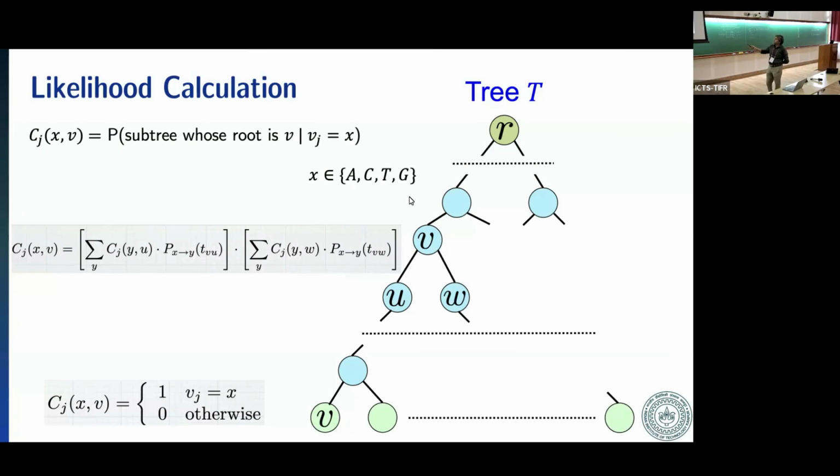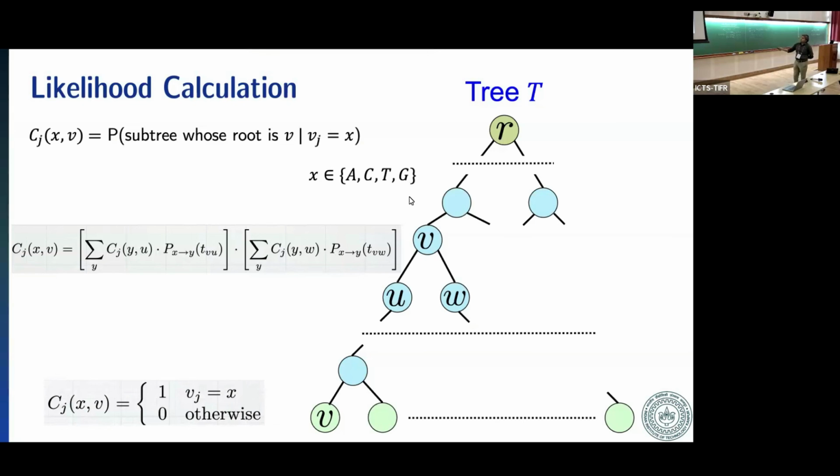That means there is a nucleotide change happening from x to y. Now x and y can be the same, so that also has to be accounted for, but that is happening over this branch which is connecting u and v. So this is the branch length, which is giving us the transition probability. And this is the overall contribution of this particular node U.